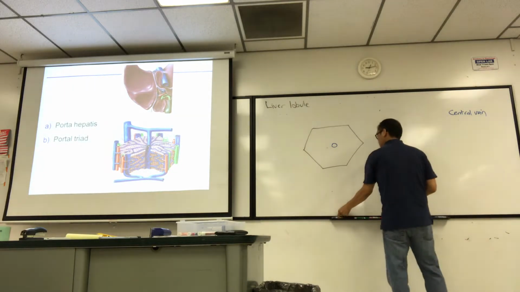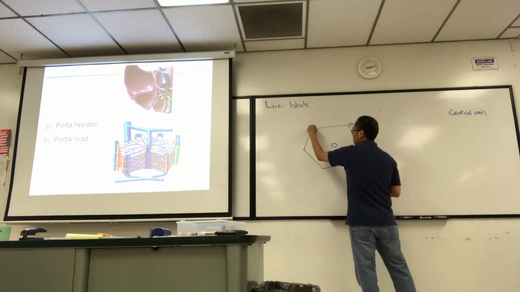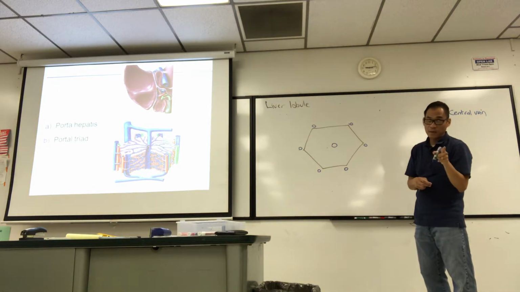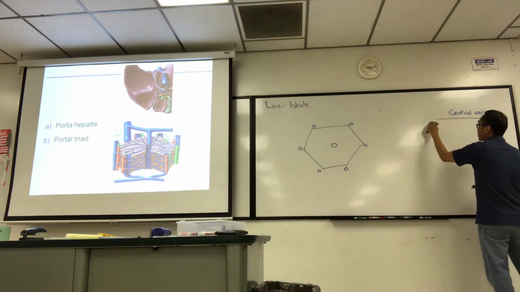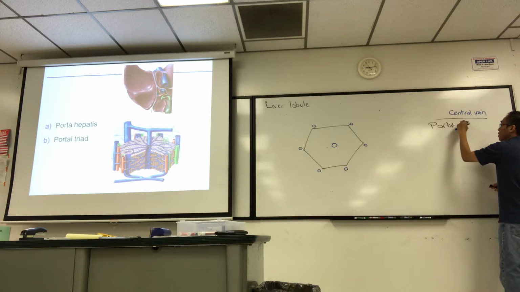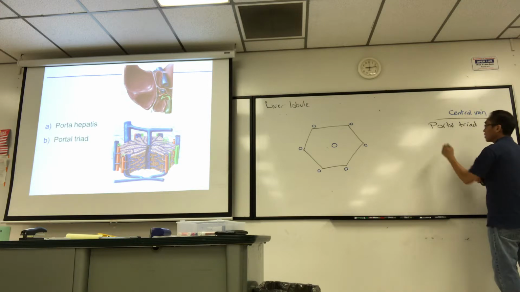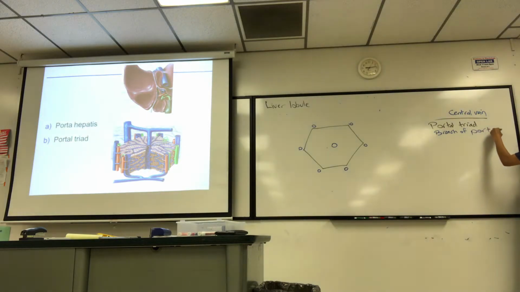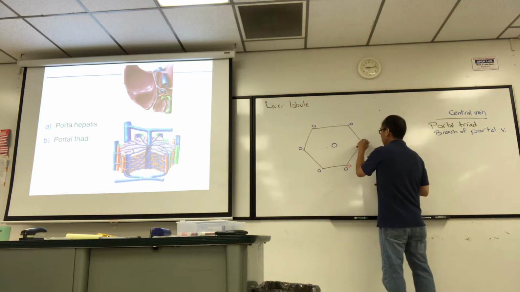What you're going to have at each corner of the lobule is a little branch of the portal vein. So we'll label this portal triad. And the blue structure is a branch of the portal vein. And then the little red structure is a branch of the hepatic artery, or proper hepatic artery.